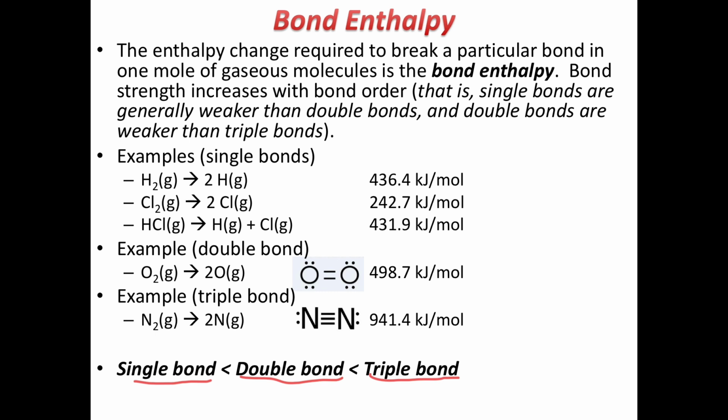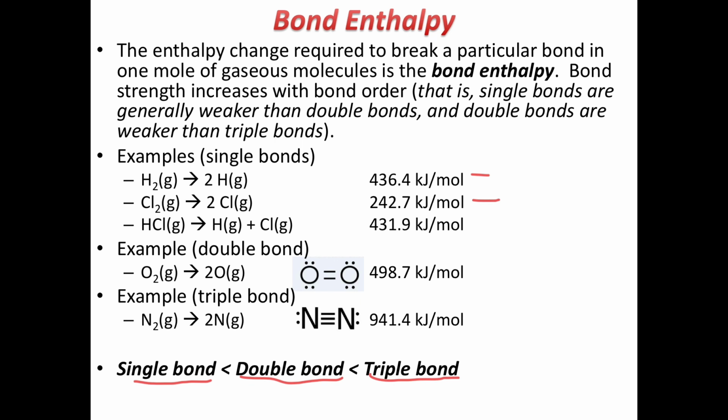Here are 3 examples of single bonds. Separating hydrogen into 2 individual atoms takes 436.4 kilojoules per mole. Separating the single bond in the chlorine molecule to make 2 chlorine atoms takes 242.7 kilojoules per mole.